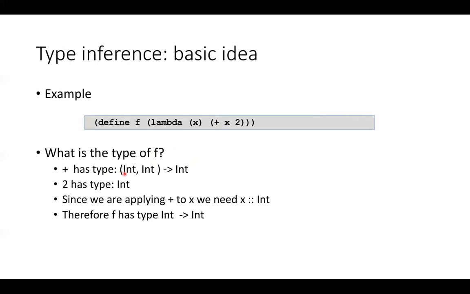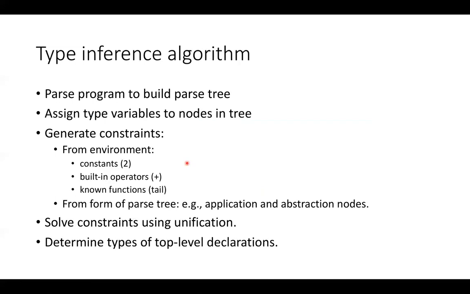It requires an integer and an integer, and that's going to map to an integer. So the fact that the plus gives us this constraint means that this first parameter has to be an integer, and this has to be an integer. And because we know this has to be an integer, that tells us that this has to be an integer. And so now we know what the input type of the function is. Similarly, we know the return value of the function for similar reasons. But it gets more complicated as we get in.